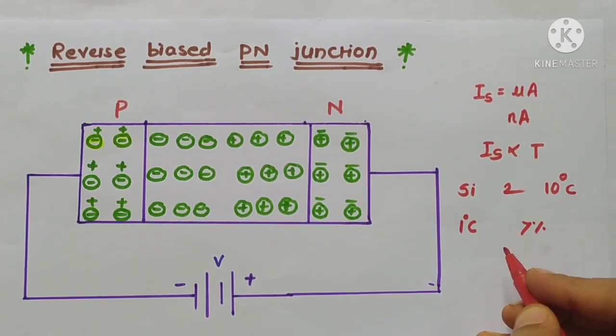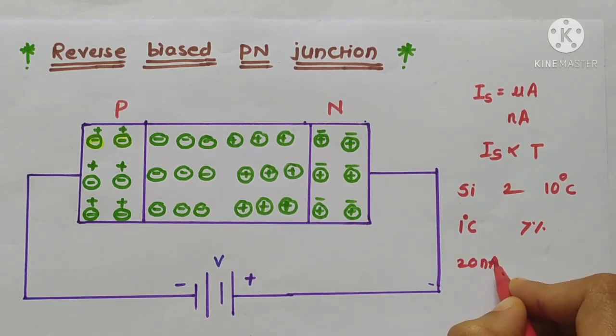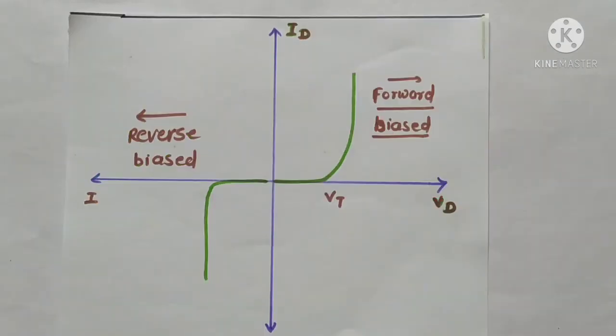So let's say for one PN junction, if the reverse saturation current is 20 nanoampere at 25 degrees centigrade, then at 35 degrees centigrade it will be roughly around 40 nanoampere. So after every 10-degree rise in temperature, this reverse saturation current almost doubles. Okay students?